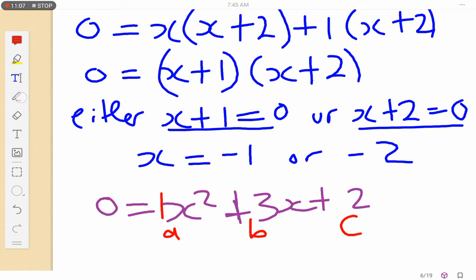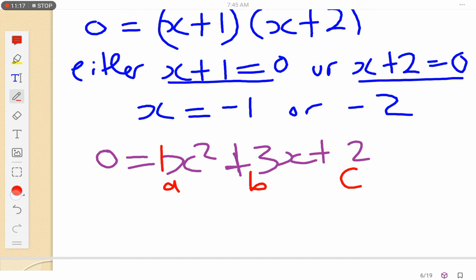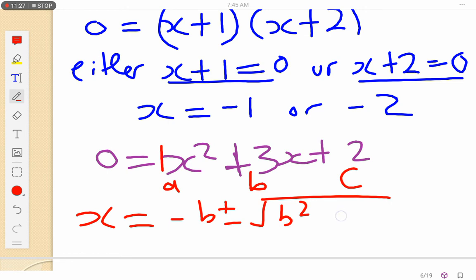Okay, let's do that. When we do that, our formula is the same. We can write it first. It's x is equal to minus b plus or minus the square root of b squared minus 4ac all over 2a.